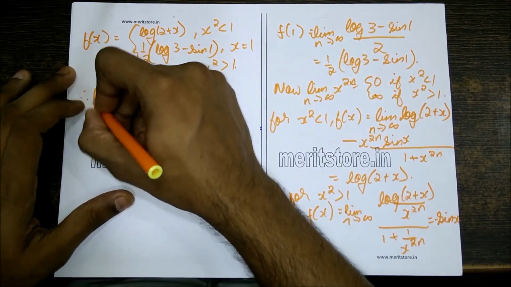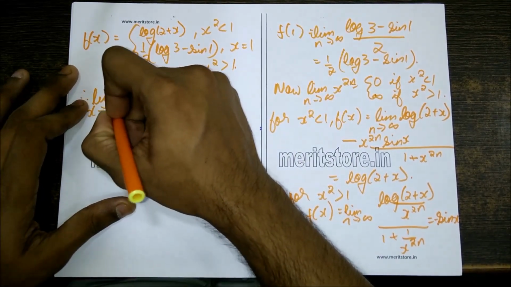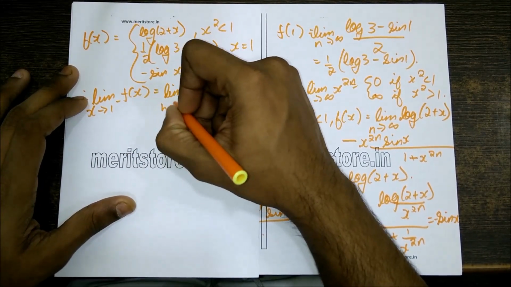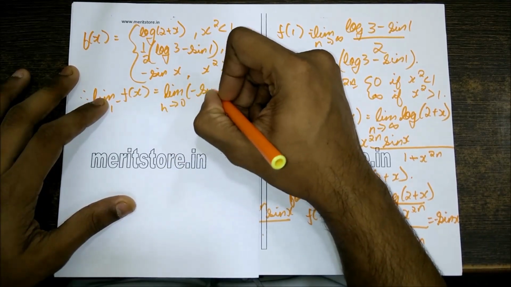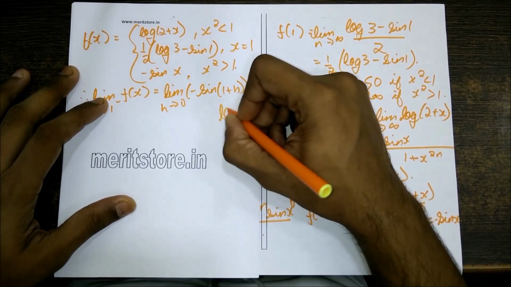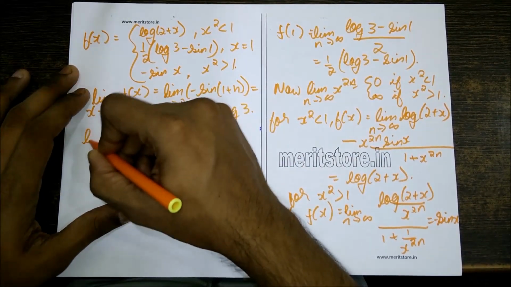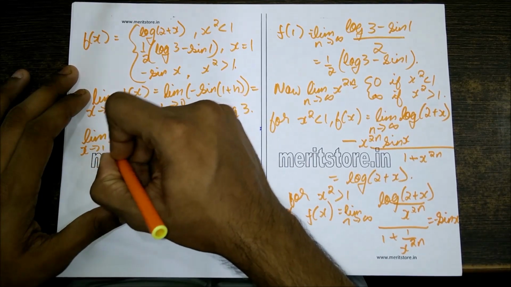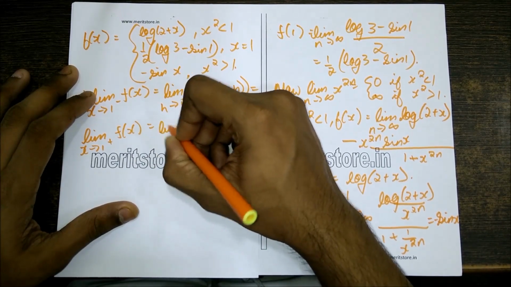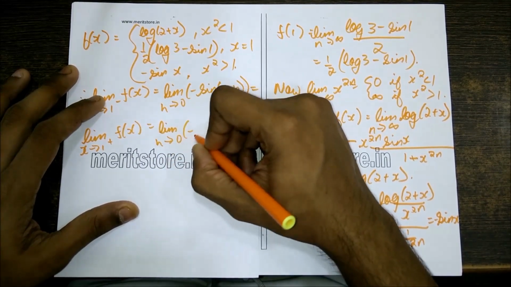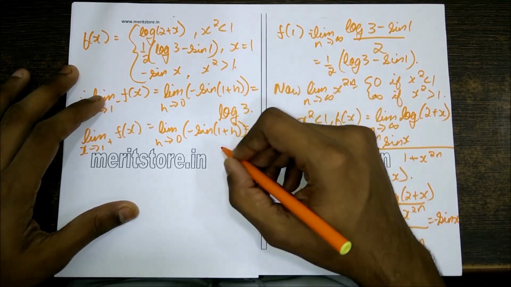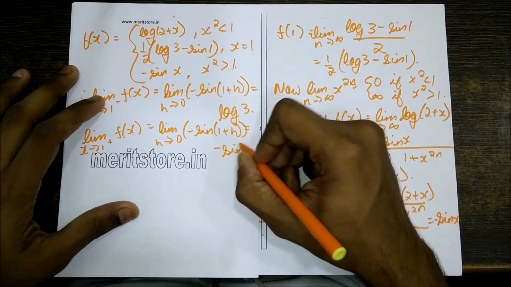Now therefore we can write limit of x tends to 1 in the negative f of x equals limit of h tends to 0 log of 2 plus 1 minus h, which equals log of 3, and the limit of x tends to 1 on the positive, f of x equals limit of h tends to 0 minus sine of 1 plus h, which is equal to minus sine 1.